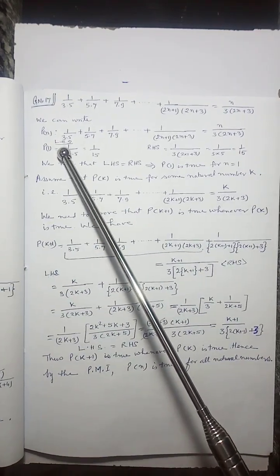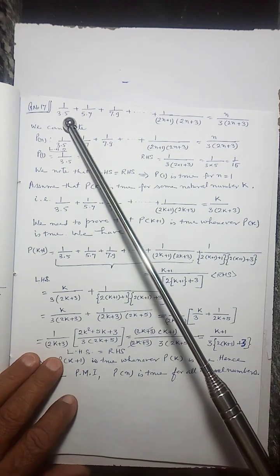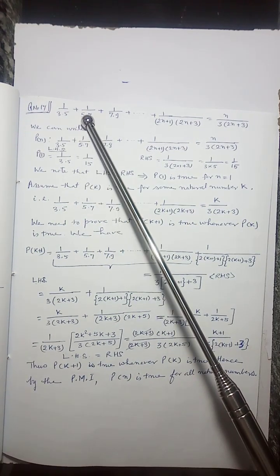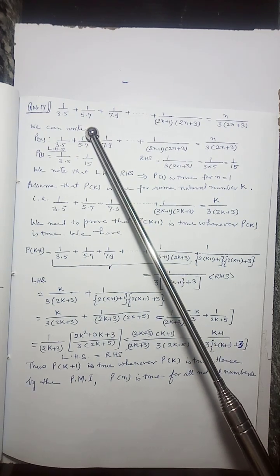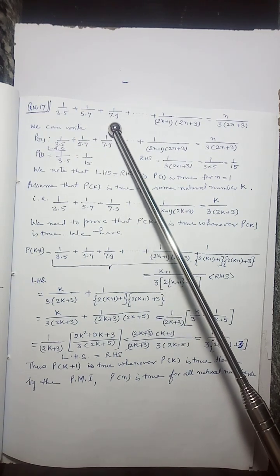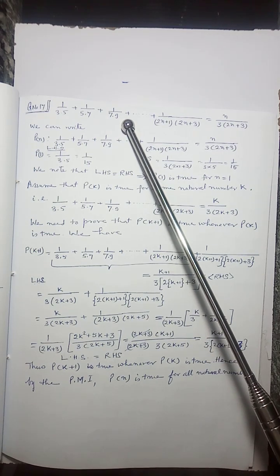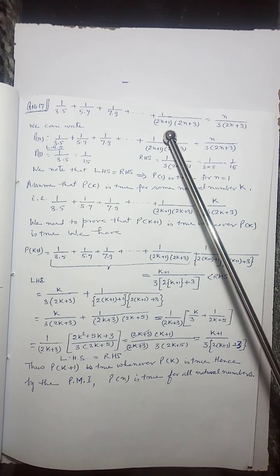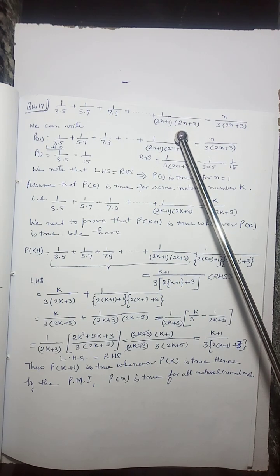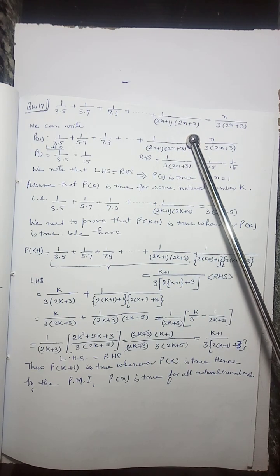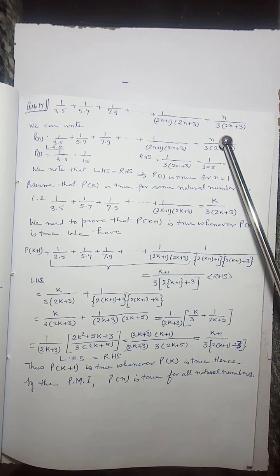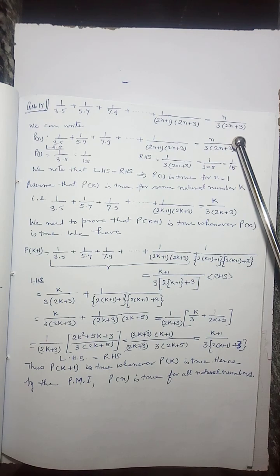Now come to question number 17: 1 upon 3 into 5 plus 1 upon 5 into 7 plus 1 upon 7 into 9 plus ... plus 1 upon (2n plus 1)(2n plus 3), and it should be equal to n upon 3(2n plus 3).